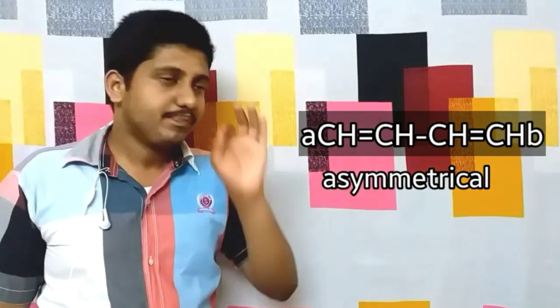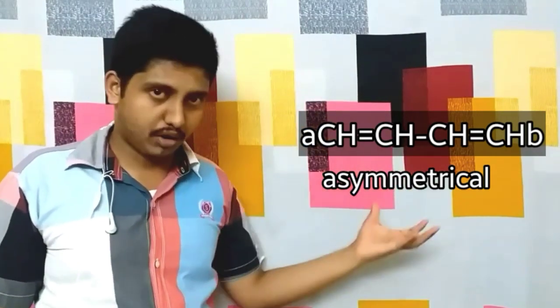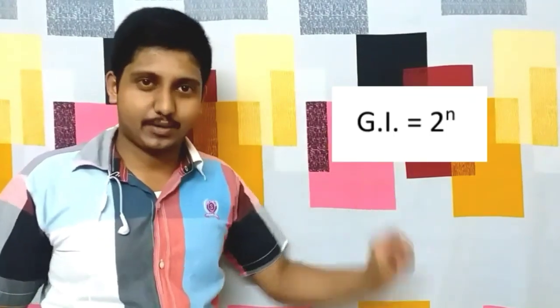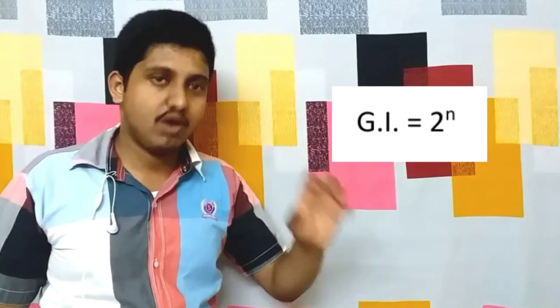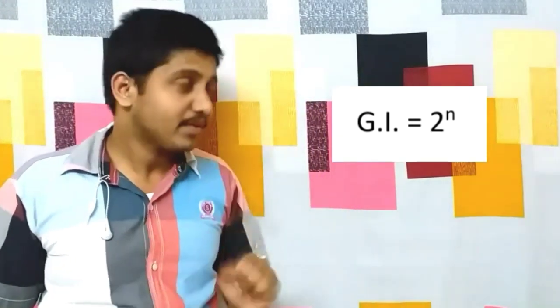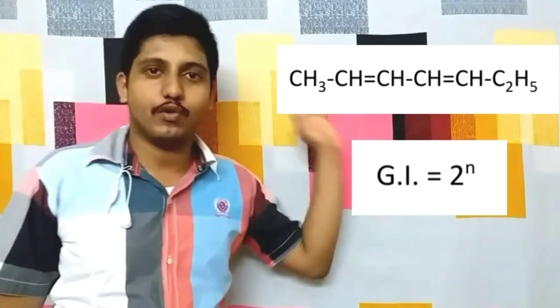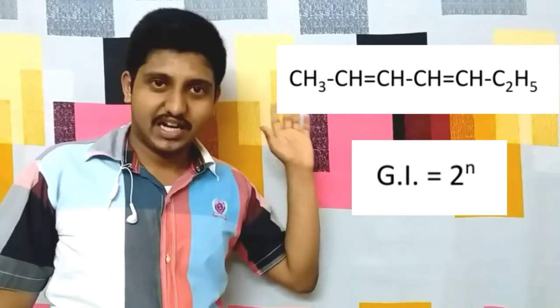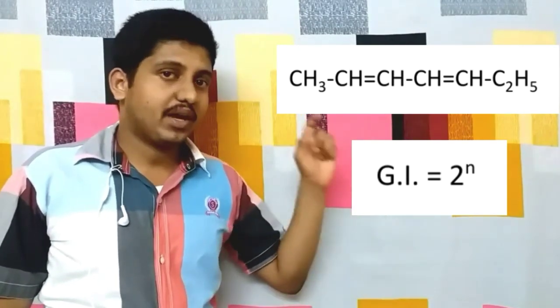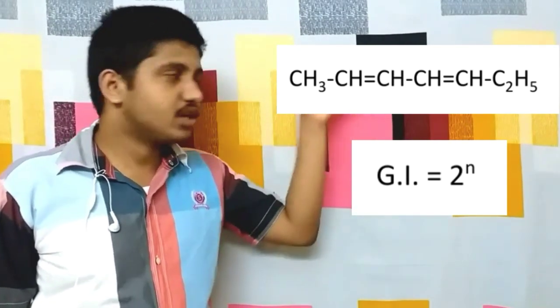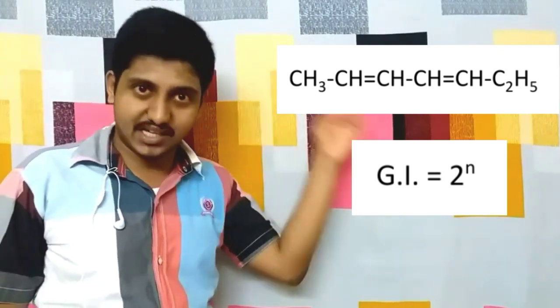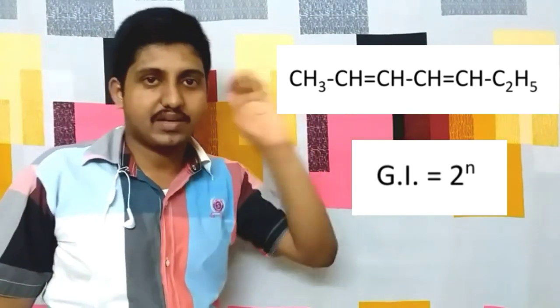So in this case of asymmetrical molecules, the number of geometrical isomers is 2 raised to n, where n is the number of double bonds within this molecule. Let's take a simple example: hepta-2,4-diene. Here, instead of A we have CH3, and instead of B we have CH2CH3.